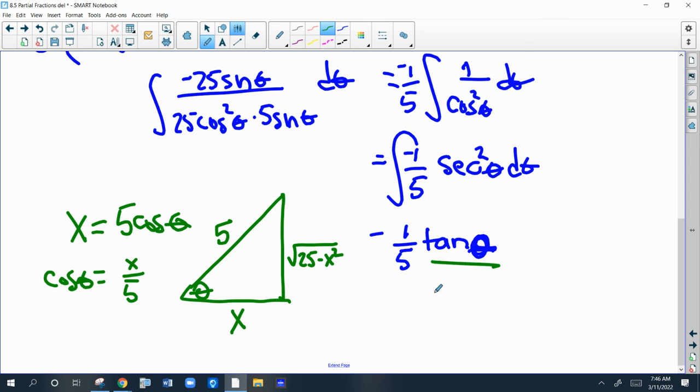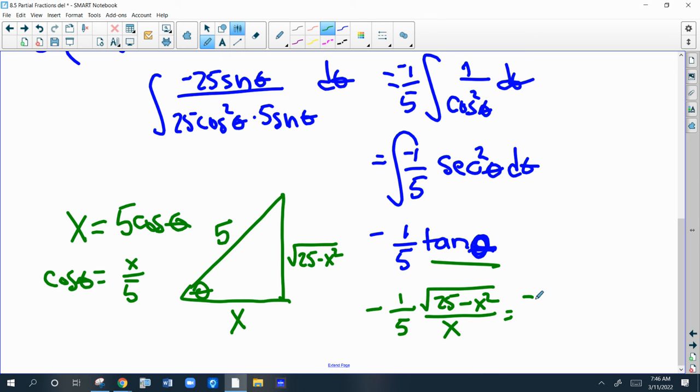That means the tangent of theta is opposite over adjacent. So now we have completed our back substitution. It's just like plugging u back in. This is just u substitution, but with a trig spin to it. And I like that.